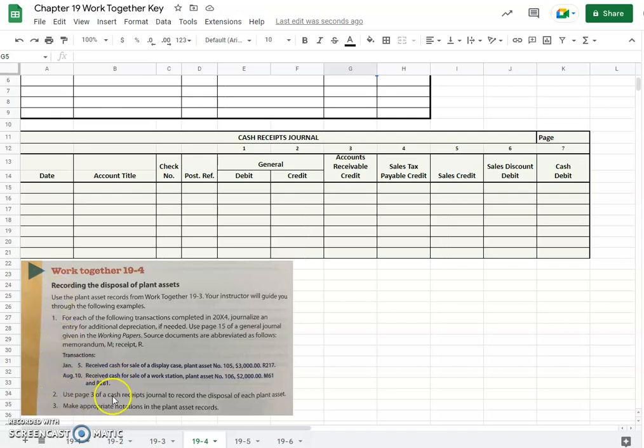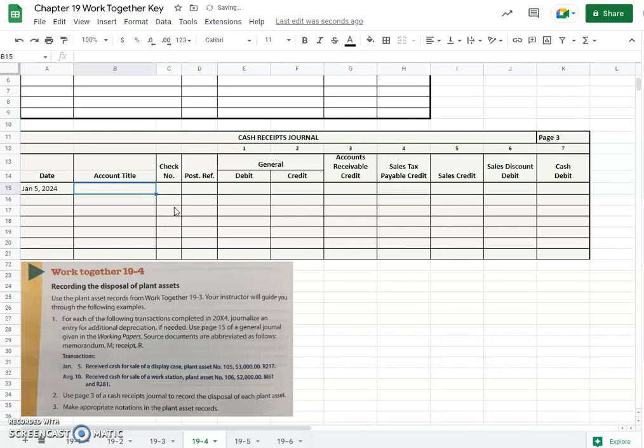Now we use page 3 of our cash receipts journal to record the disposal of each plant asset. So here's our January 5th, 2024, and we need to have accumulated depreciation store equipment, because we will need to cancel that out so it goes away.